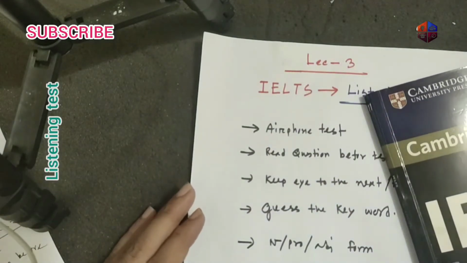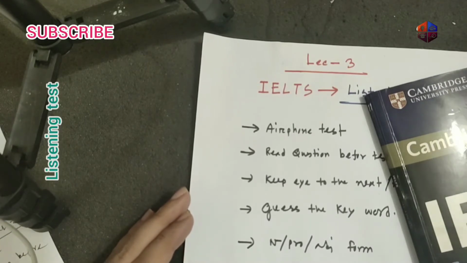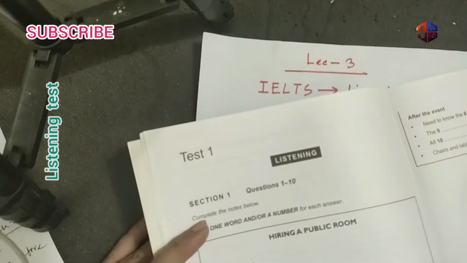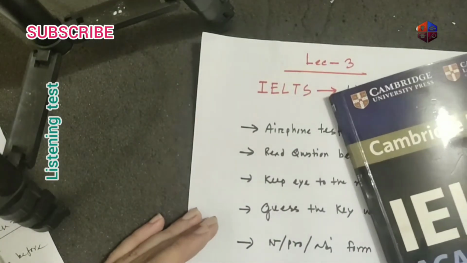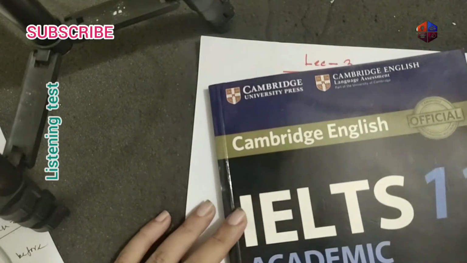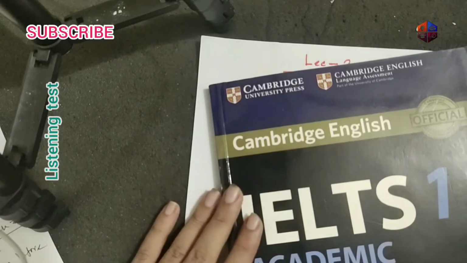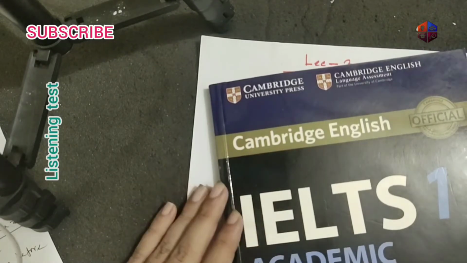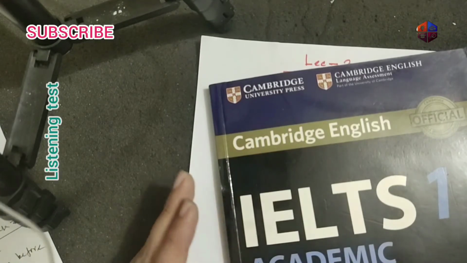Now I will give you some idea of the approaches to get good marks in these sections. If you need to practice at home, you should collect Cambridge IELTS books. Normally Cambridge IELTS publishes more than 2 books every year.